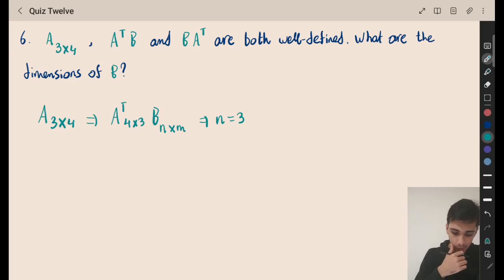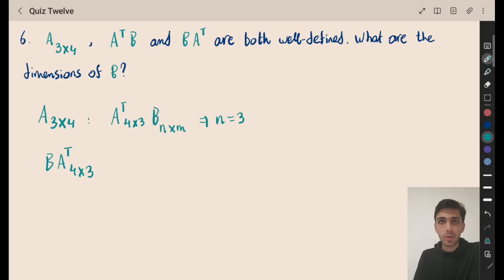Okay, now let's make use of the second fact, which is regarding B A transpose. Why did I write BAT? It's not BAT, it's B A transpose. And A transpose has 4 times 3 as its dimensions.